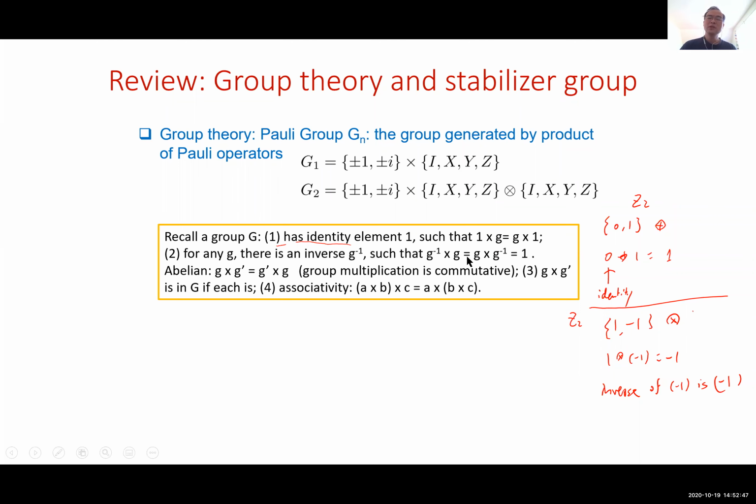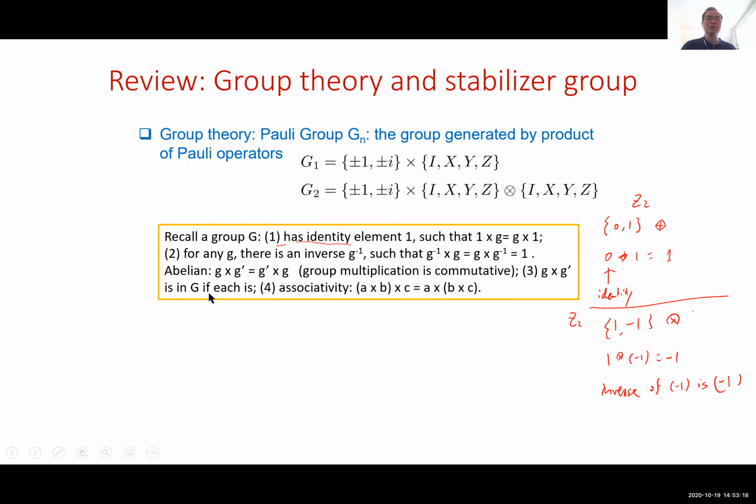And if the group multiplication commutes, then it's called abelian. Like 0 plus 1 is 1 plus 0. That's abelian. So addition is abelian. Multiplication is also abelian. Matrix multiplication is not necessarily abelian. So when we look at matrices, the unitary group, they are not abelian.